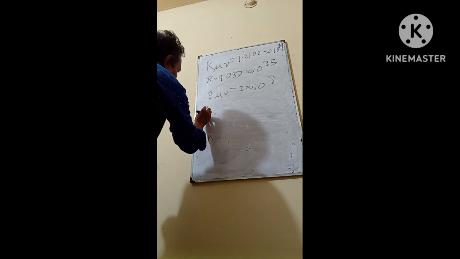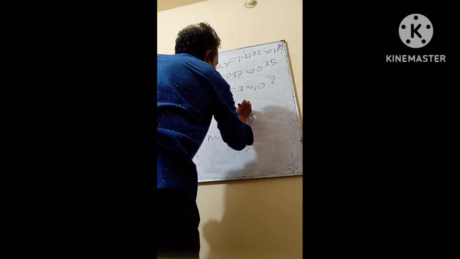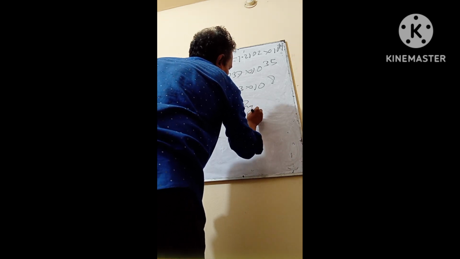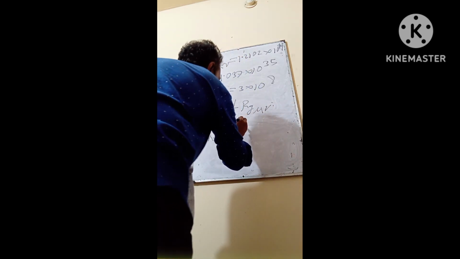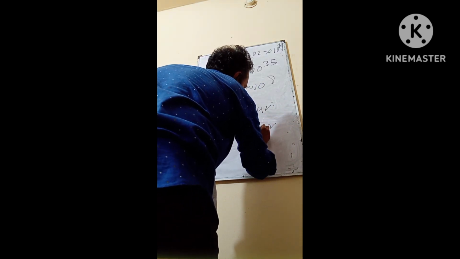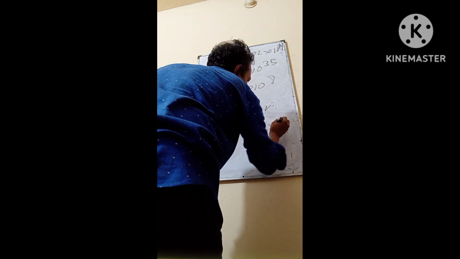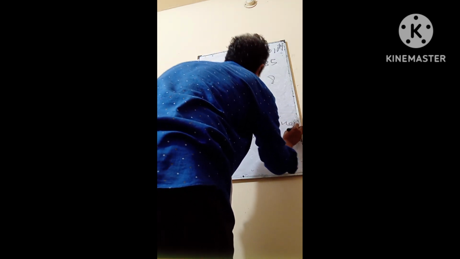So R minus half R G plus cosmological G. This value is negligible.